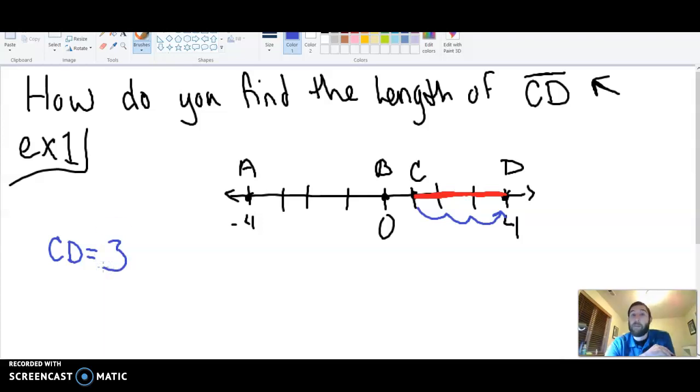Fantastic. But here's where some math and some fun understanding comes in. We talked about absolute values last week. The reason why we talked about absolute values is because absolute values always make things positive. But the good news is that distance is always positive.